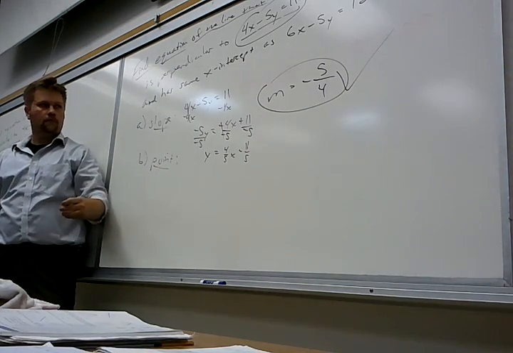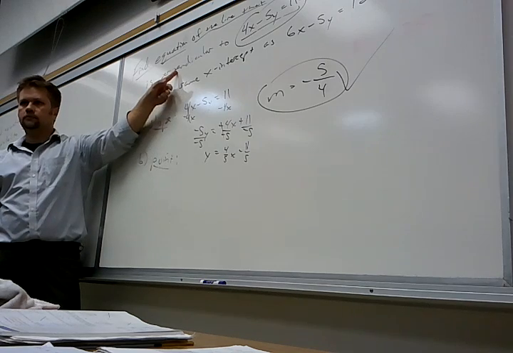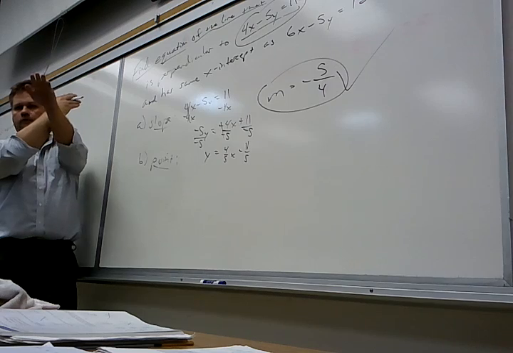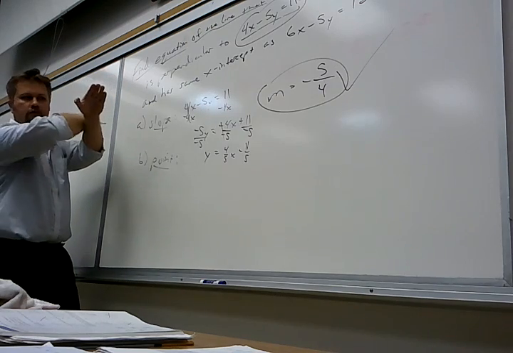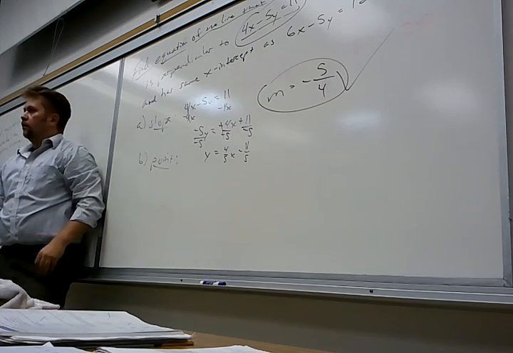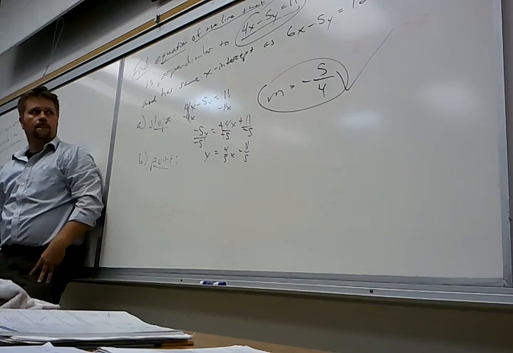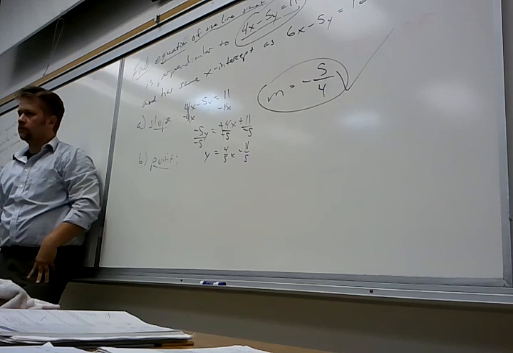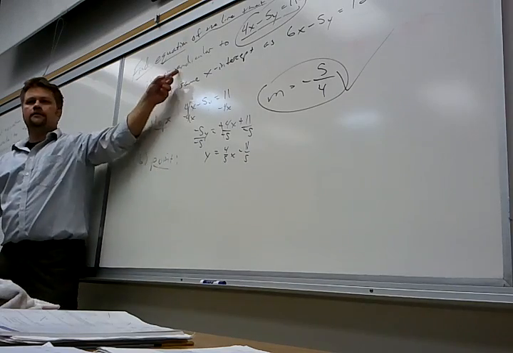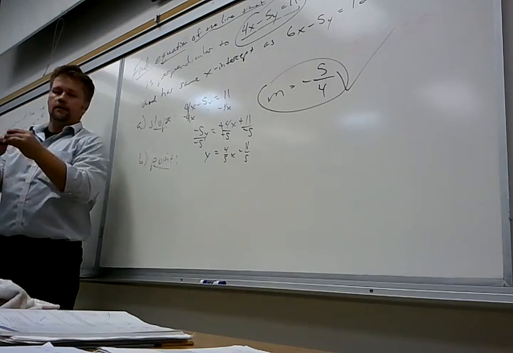How come you flipped it again? Because it's perpendicular. Parallel has to be exactly the same. Perpendicular, totally opposite. If one's positive, the other one's negative, and it's reciprocal to make it go at a 90-degree angle. About that x-intercept, you're saying his x-intercept has to be the same as yours because you're perpendicular? No. Let me ask you this.